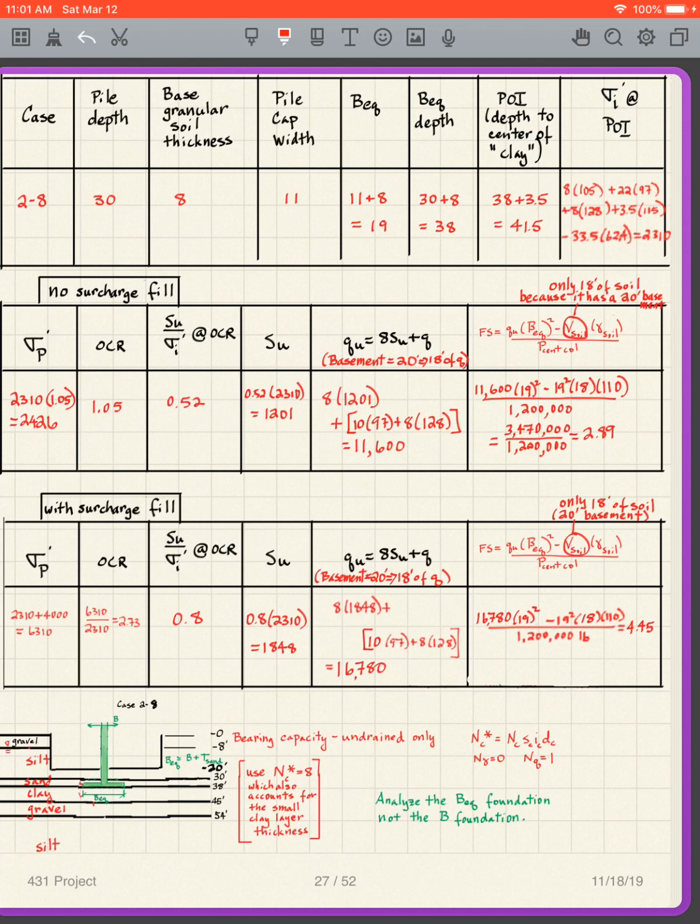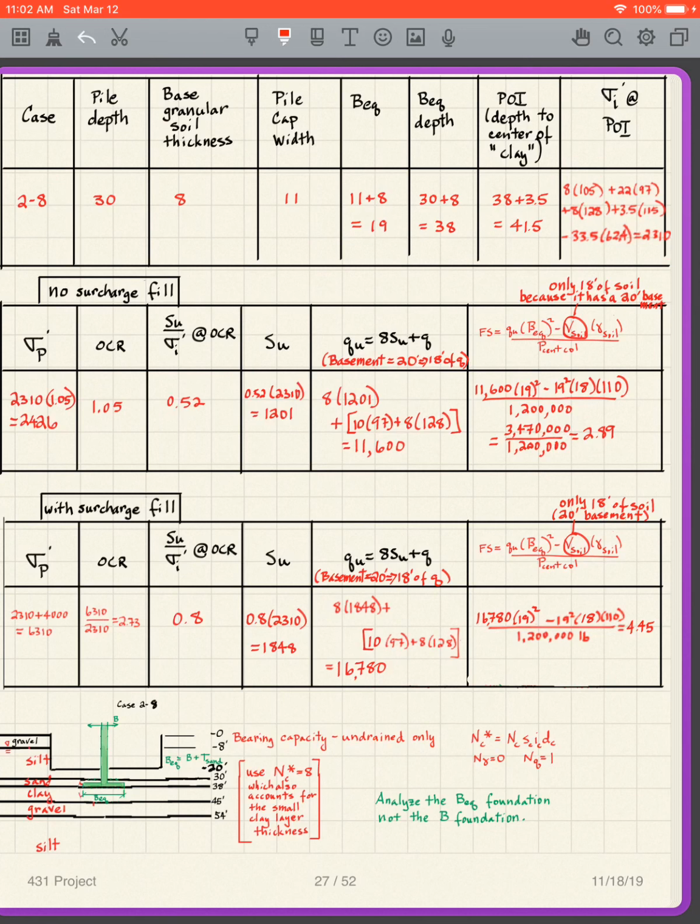Now we have the same case basically, but we have a basement. And how do we handle that basement? Well, this first part is exactly the same, so we end up with this 2310.